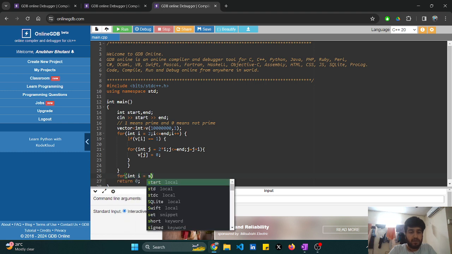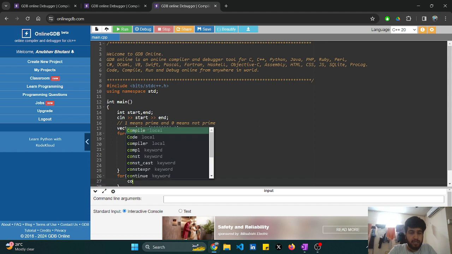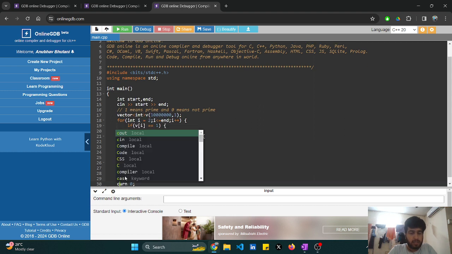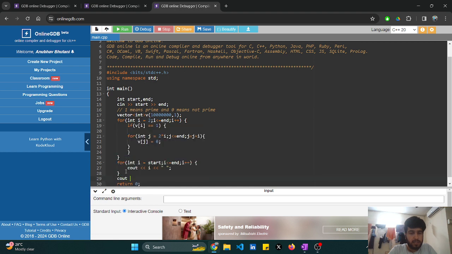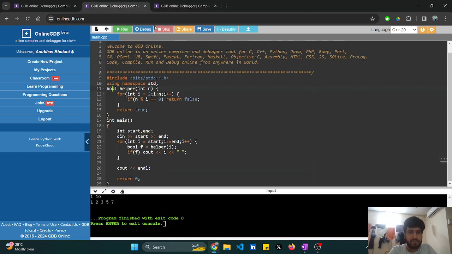Now I am starting from the starting index. I'll go till the end and I'll print all the elements. If I try to run it, I'll try for the same test case, that is 1 to 10.